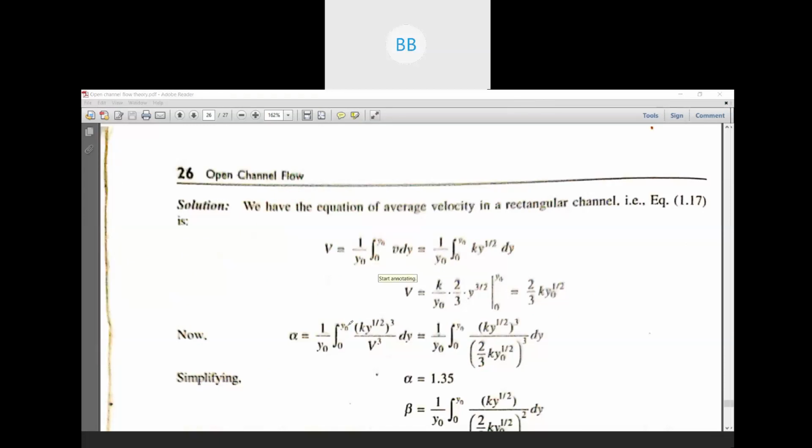Use the alpha equation for rectangular channel and try to find out alpha. It will be around 1.35. First try to find out that alpha value, and if you find any difficulties, just let me know.